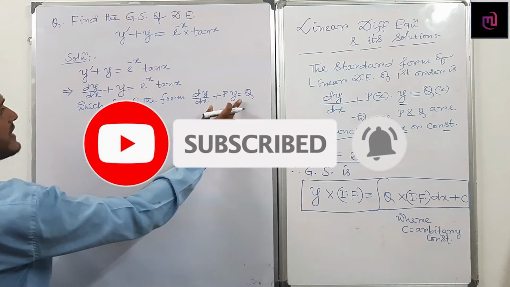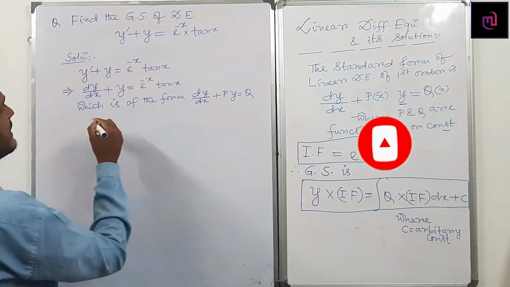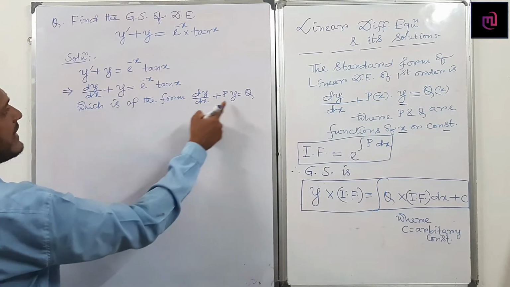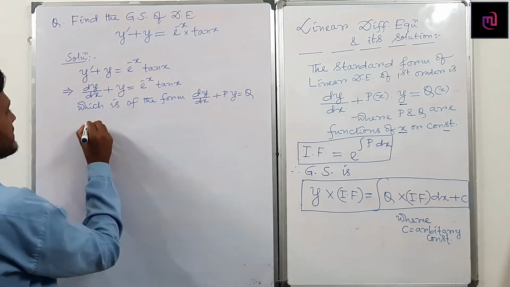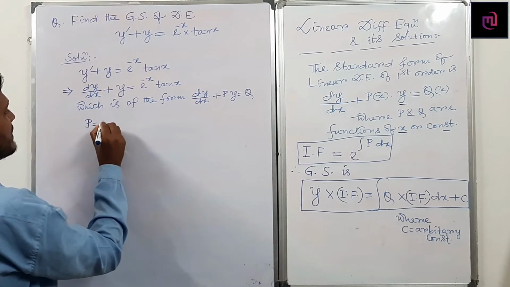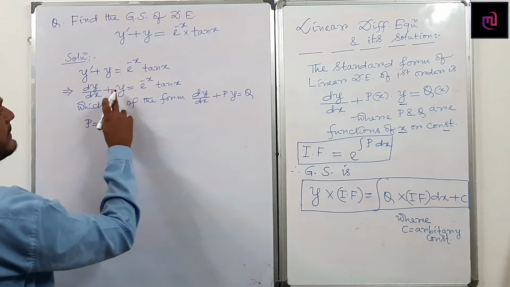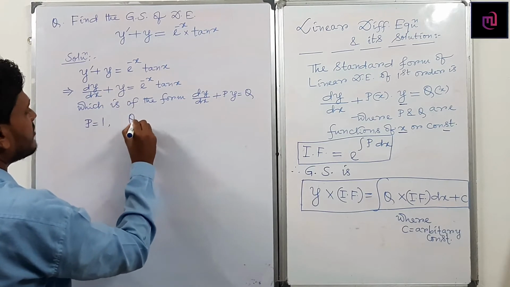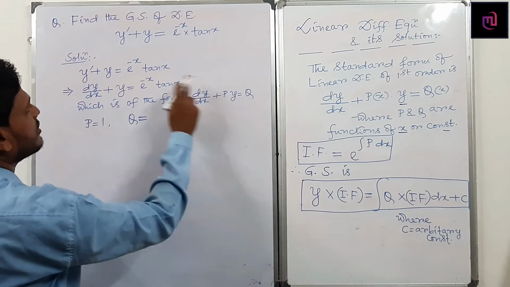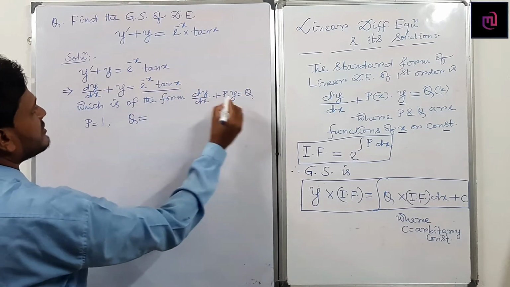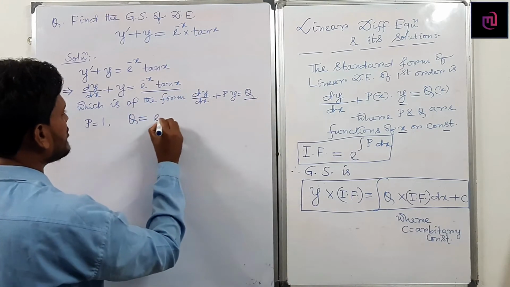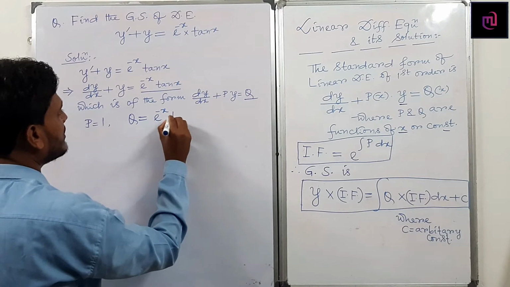If you compare this part and this part, then you must understand. P is the coefficient of y, so P becomes 1. And Q is the right hand side, so Q becomes e^(-x) tan x.